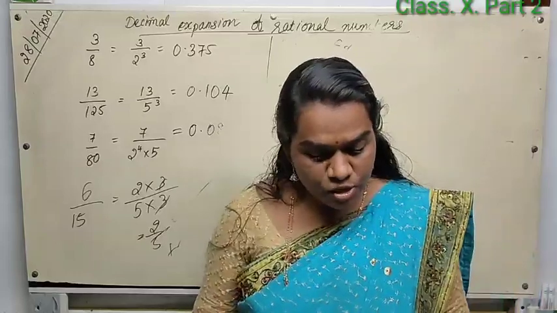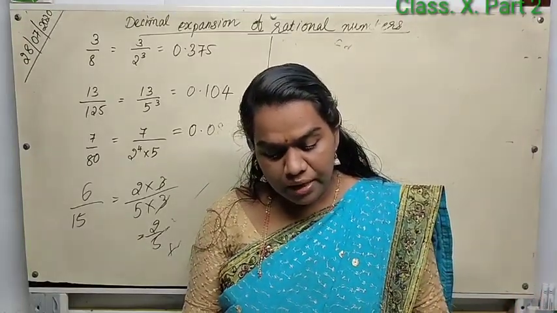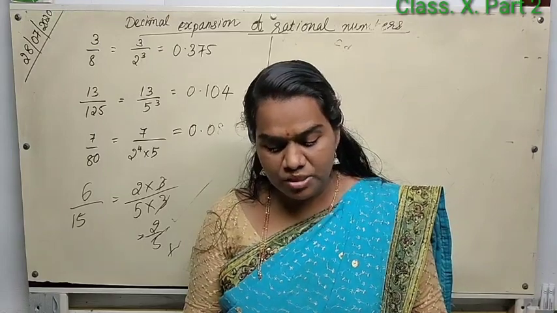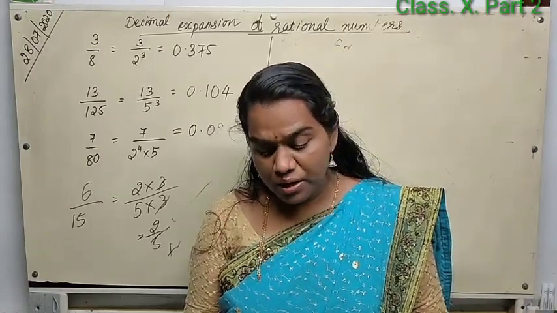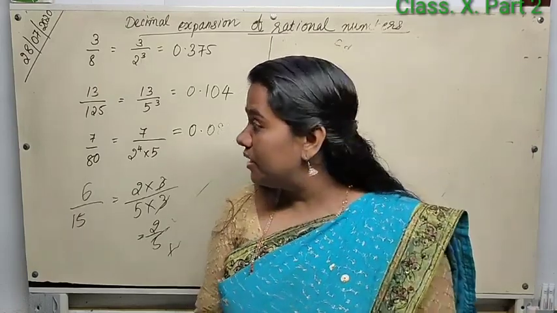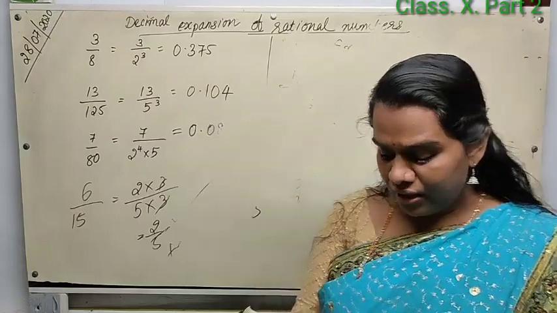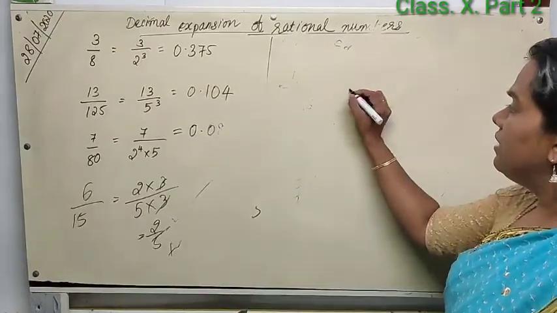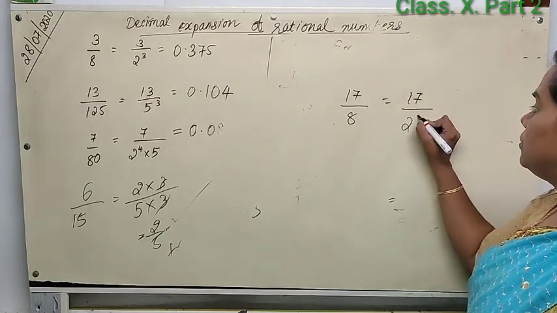Write down the decimal expansion of those rational numbers in the question above which have a terminating decimal expansion. I told you how to write the terminating ones. You have to write that in decimal expansion, convert it to decimal. You can divide. For example, you have 17 by 8. That is 17 by 2 cube.